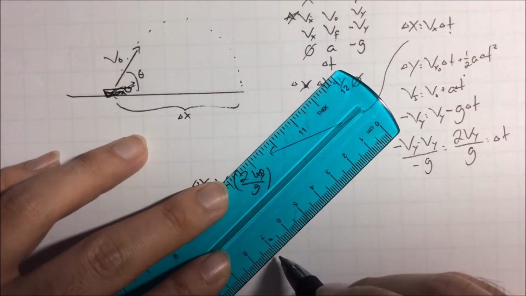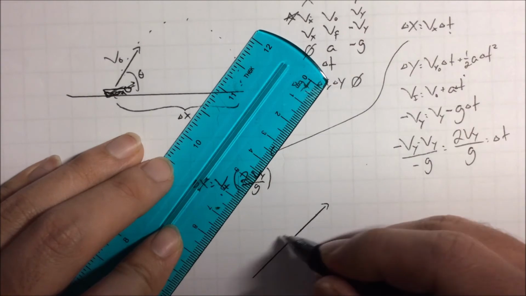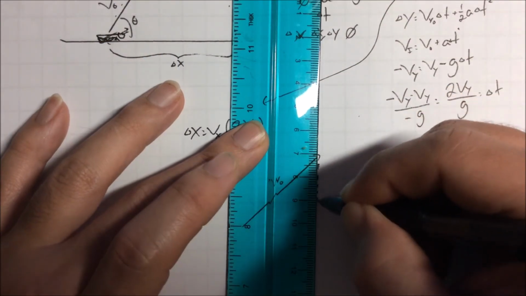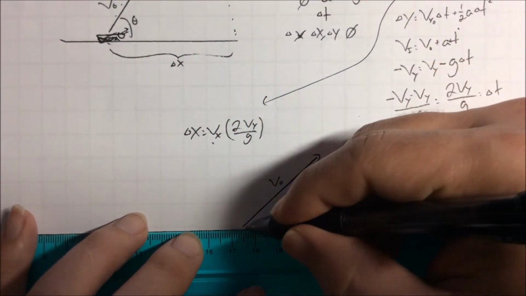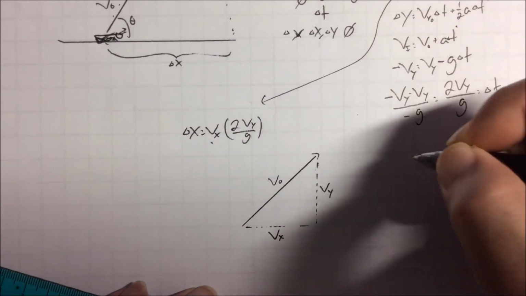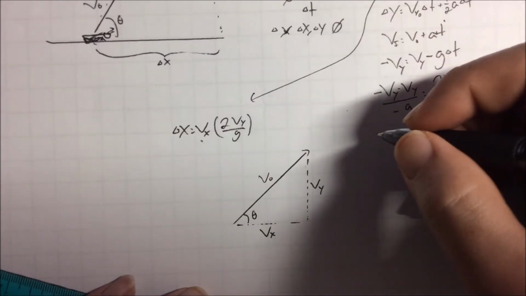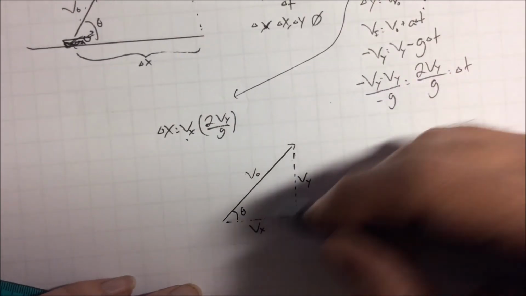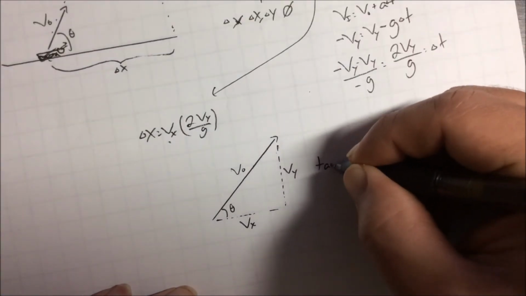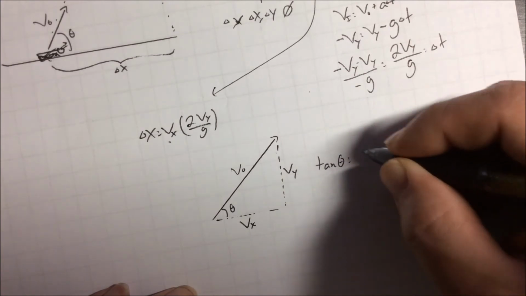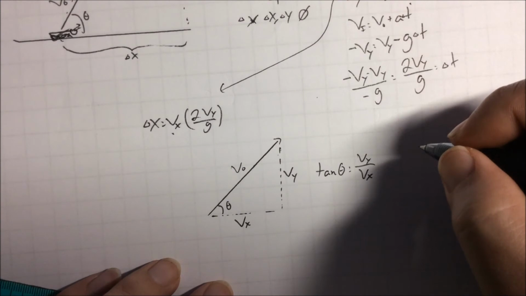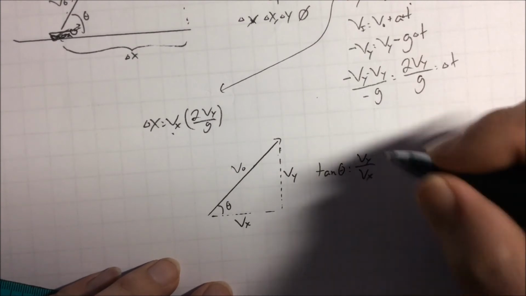And to do that, we're going to remember that the initial velocity is just a triangle. It's a vector. And this is Vy and this is Vx in the beginning, and this is some angle theta. Well, what trig function relates Vy and Vx? Opposite, adjacent. That's going to be tangent. Tangent of theta is equal to Vy, opposite, over Vx, the adjacent. And let's solve for Vy, move the Vx over.